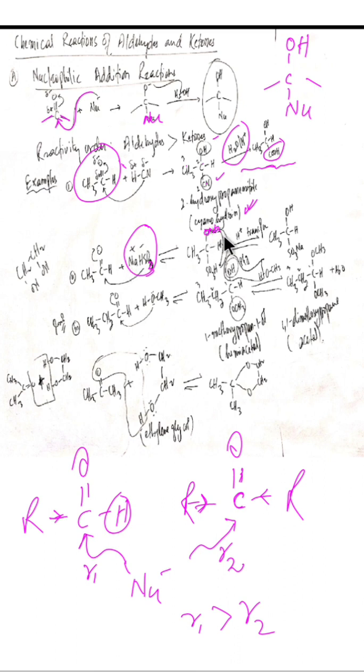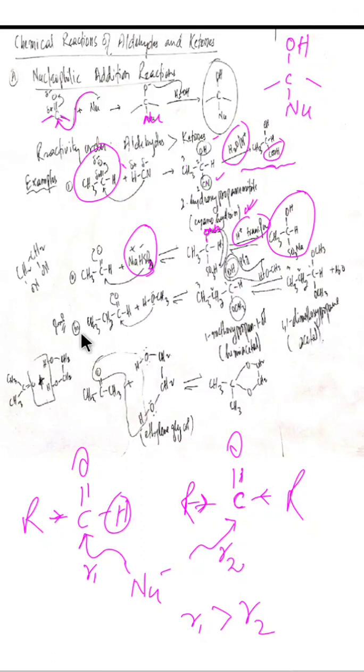So this will be our salt actually. After proton transfer, this sodium goes to this position and the hydrogen goes here to form this compound. Okay, this is again a sodium salt.